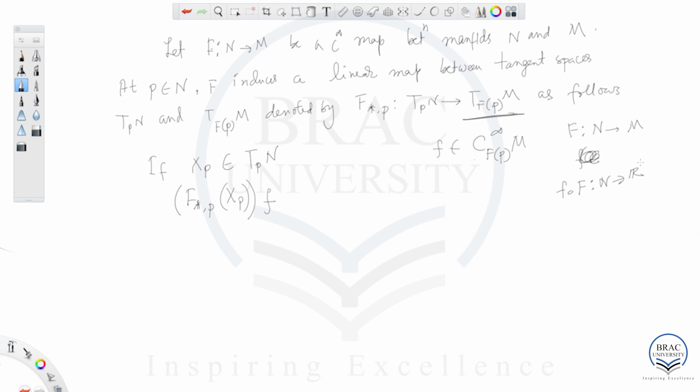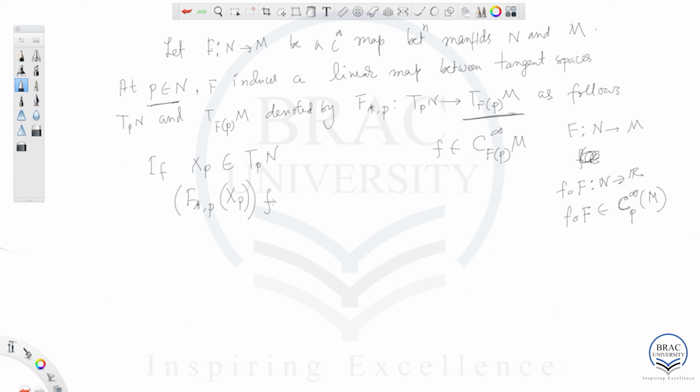So it is supposed to be a map here, f composed with big F. Because we are choosing p to be in N, right? So that f composed with big F is our germ here, C_p infinity of N.